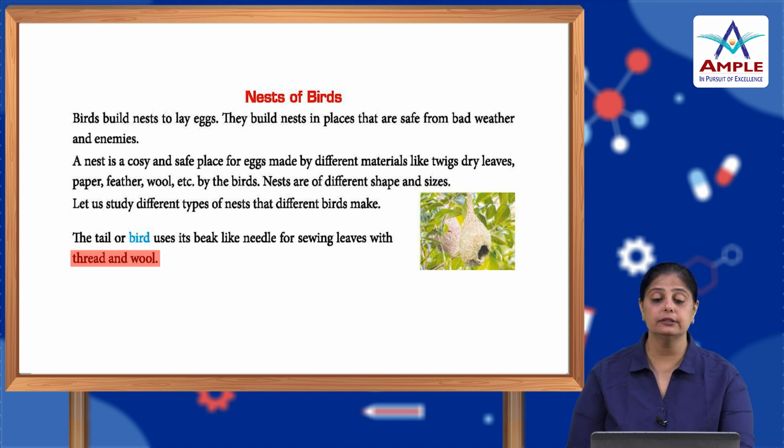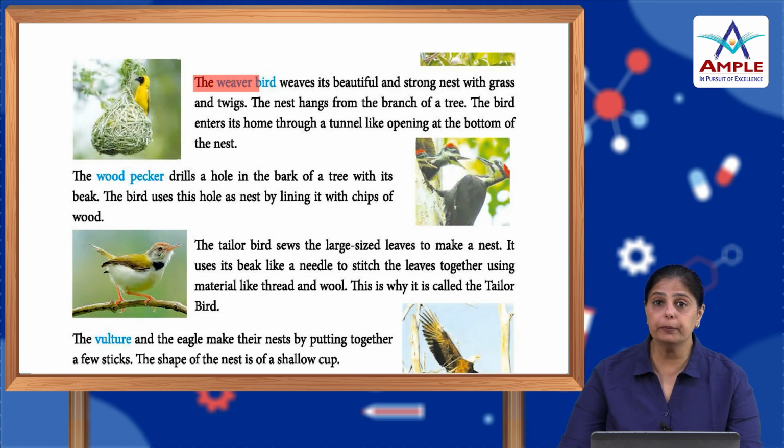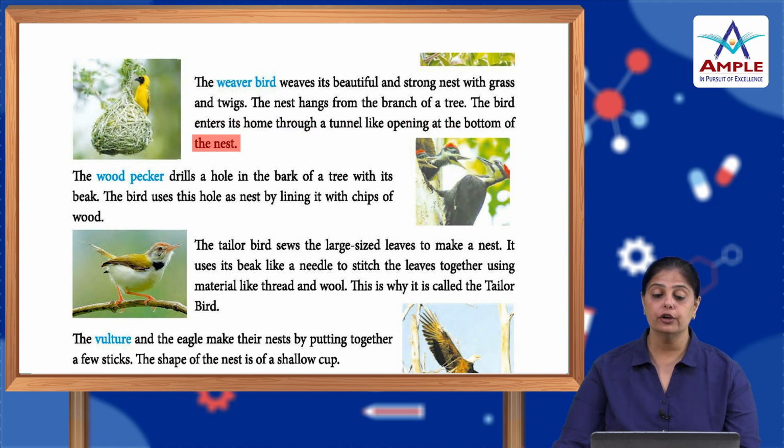The weaver bird weaves its beautiful and strong nest with grass and twigs. The nest hangs from the branch of a tree. The bird enters its home through a tunnel-like opening at the bottom of the nest. So, that's how the nest of the weaver bird is.